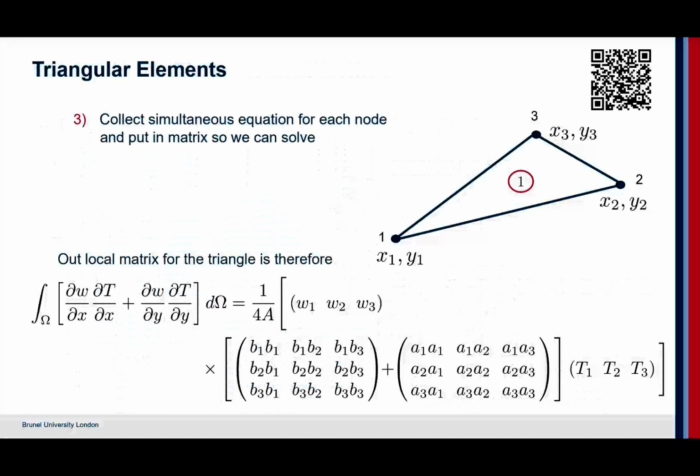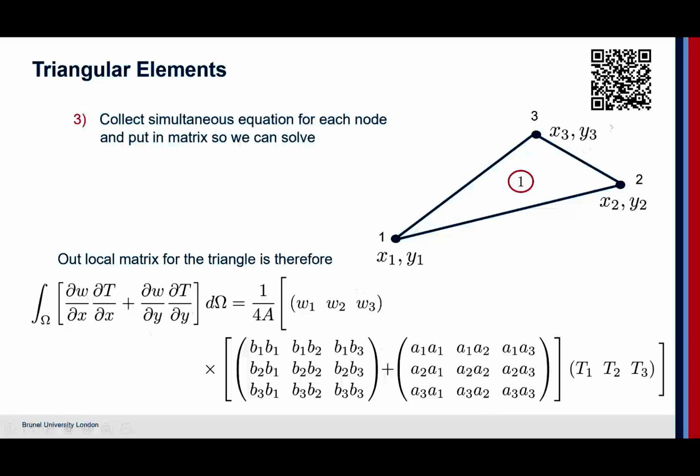So the next step is to put those equations together. So the third step is to collect together these equations for each of these triangles. So the full expression for a given triangle includes both these terms, includes the 2 matrices. Now this term here and here are identical for both of these, so it's only these matrices of B and A components that are different for the x and y derivatives.